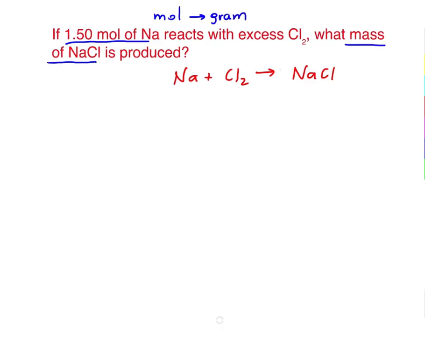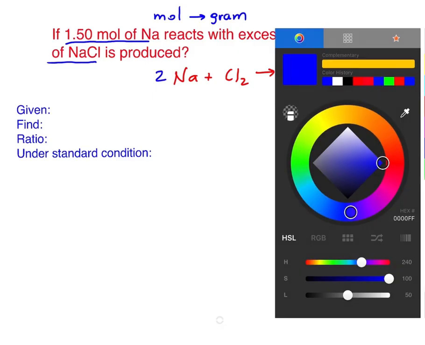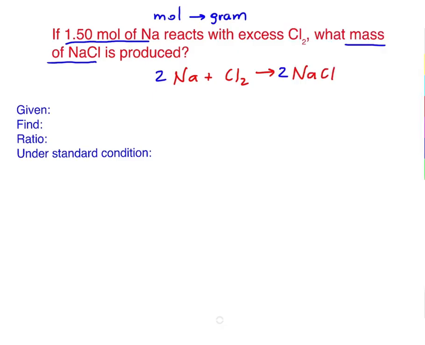But make sure you do it correctly, because it goes from mole of sodium to gram of sodium chloride. You need to find what's given to you and write it down. So 1.50, and always write the units. So 1.50 mole of sodium, or Na. And then of course you need to find the mass of sodium chloride.